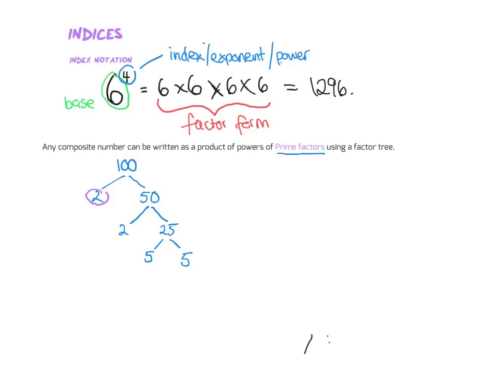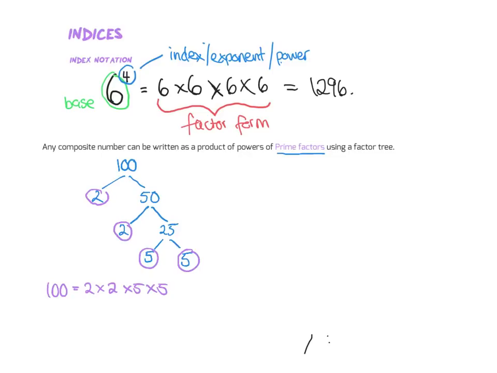So the prime factors here are 2 and 5 and 5. So instead of writing 100, we could write it as 2 times 2 times 5 times 5. Because if you think about it, 2 times 2 is 4, times 5 is 20, times 5 is 100.